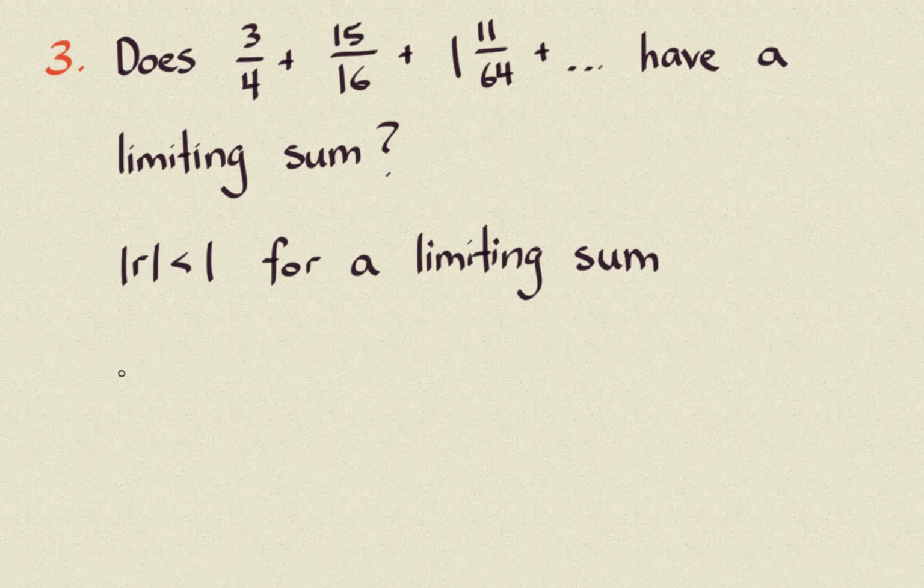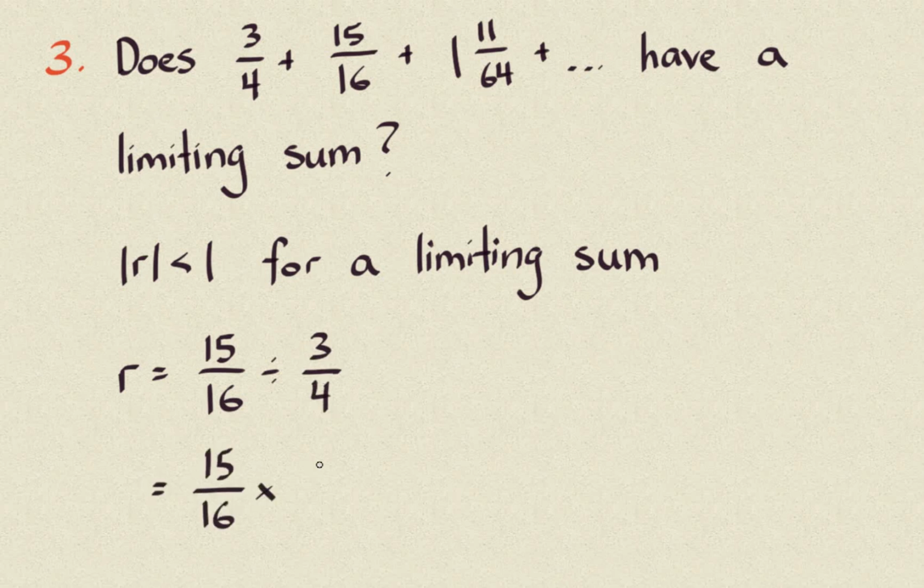Okay, so the common ratio is one given term, so I'll start with the 15 over 16, divided by the term before it. Okay, using our times and flip, this becomes the following, and this simplifies nicely.